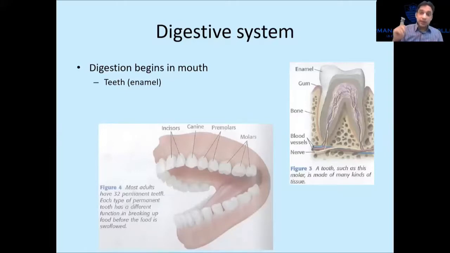And indirectly the mouth is also involved in making a selection about the food by sensing what's out there. If any hard particle, a stone or a bone particle is there, our mouth can sense it and we can remove it. So it should not go to the next, more sensitive part of our digestive system.